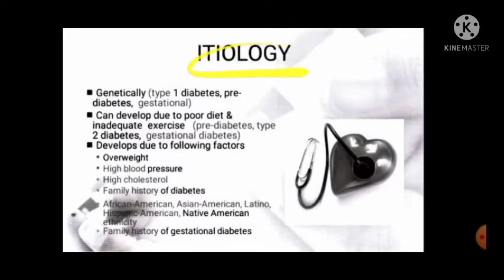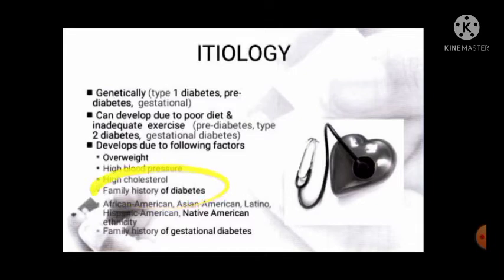Etiology of diabetes. Type 1 diabetes, pre-diabetes or gestational diabetes can develop genetically or due to poor diet and inadequate exercise. Pre-diabetes, type 2 diabetes and gestational diabetes occur through inadequate exercise and poor diet. They develop due to factors like being overweight, high blood pressure, hypertension, high cholesterol, and family history of diabetes.